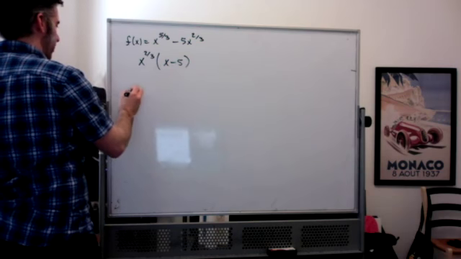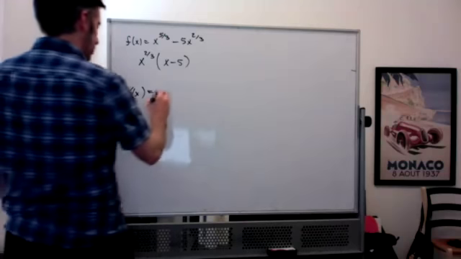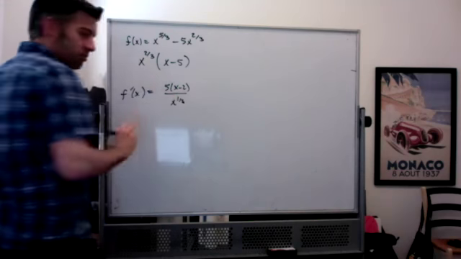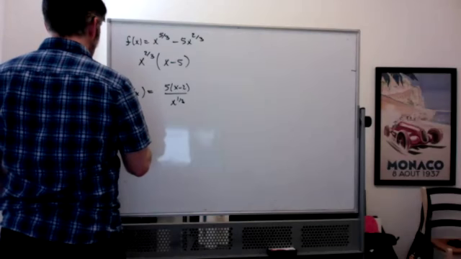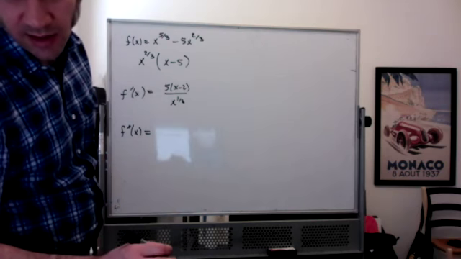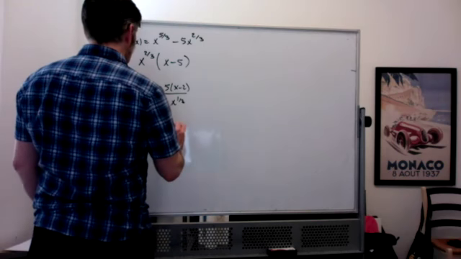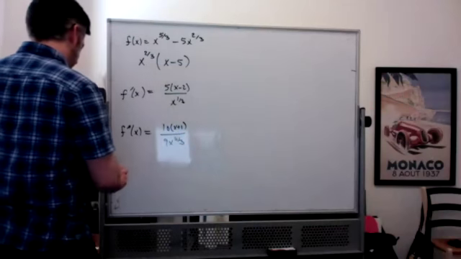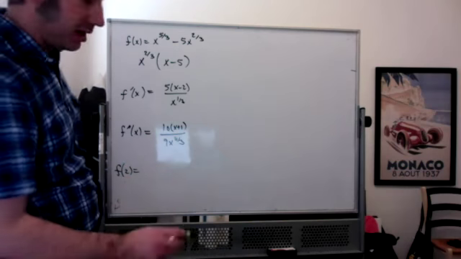The first derivative is 5 times (x minus 2) over x to the 1/3. The second derivative is 10 times (x plus 1) over 9x to the 4/3. And finally, f of 2 is approximately negative 4.76.